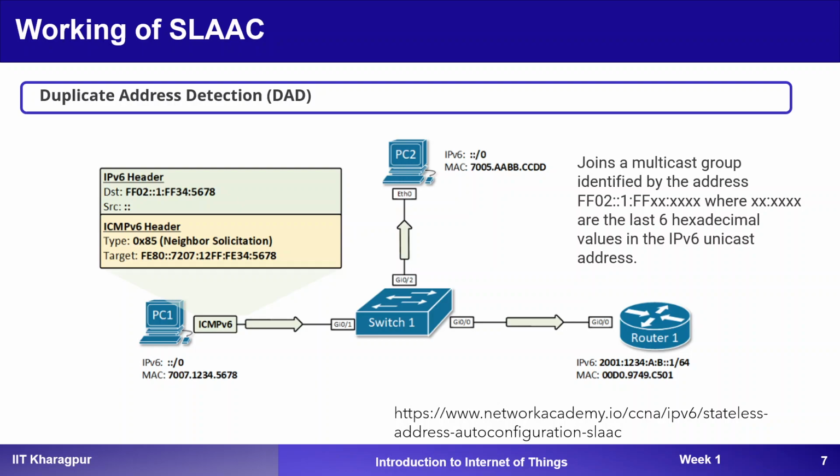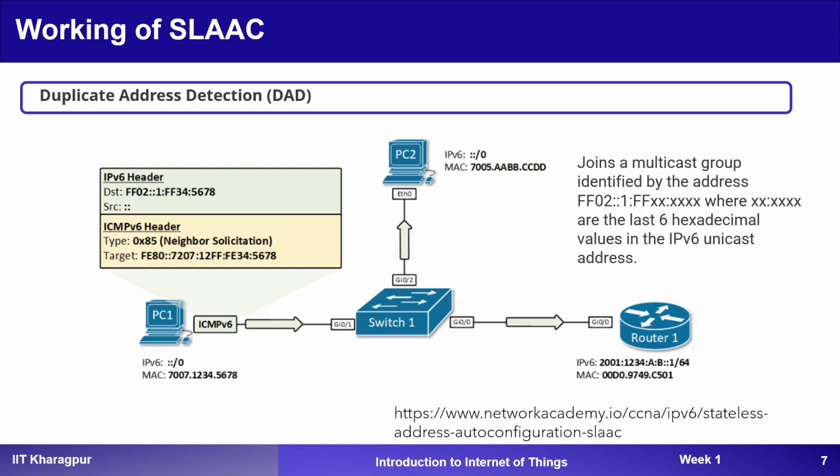So if some router in the network has the same destination IP address, then it means the address is already available in the network. Then that address cannot be assigned to that particular system. But if no router is present with that particular IP address, then we consider that this can be an address which can be assigned to that particular system.